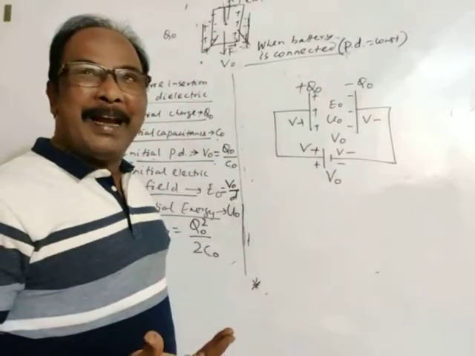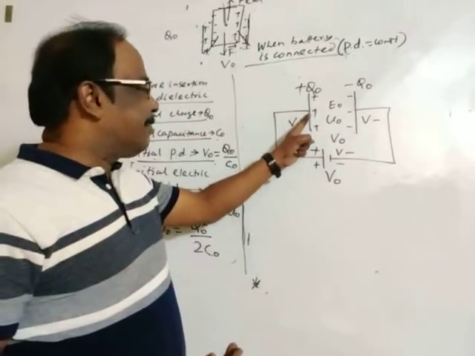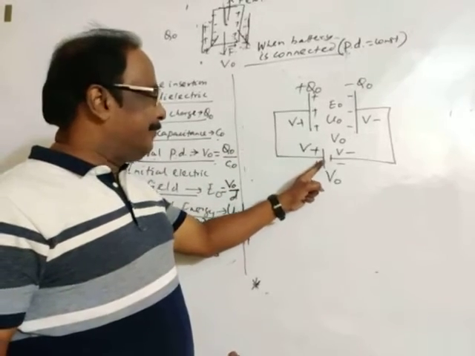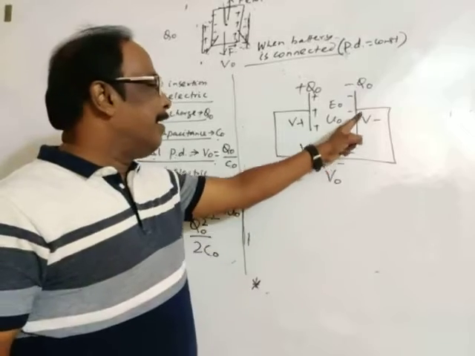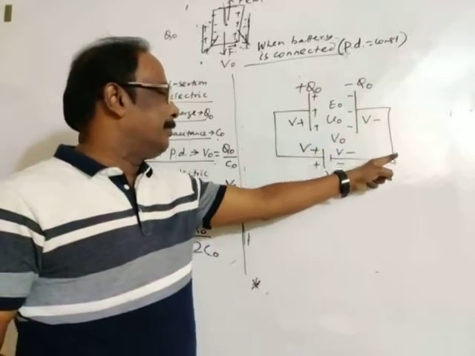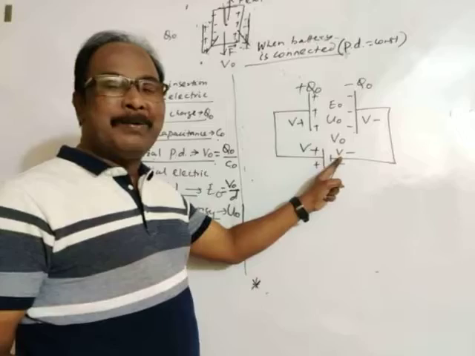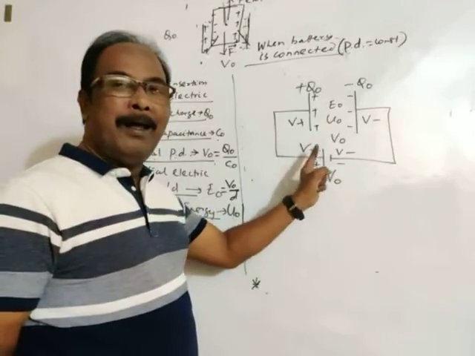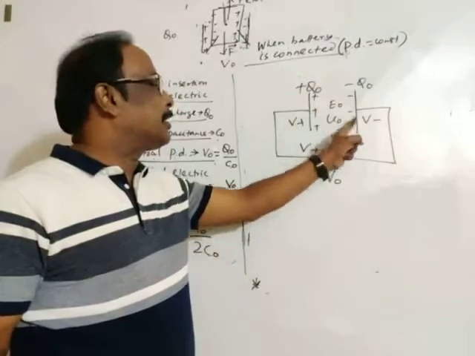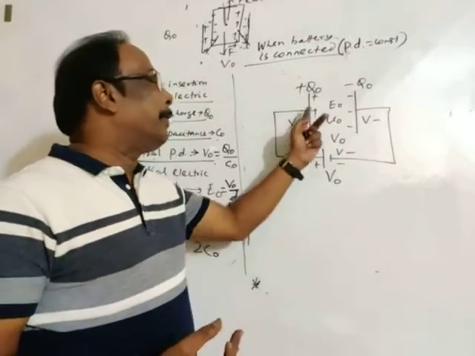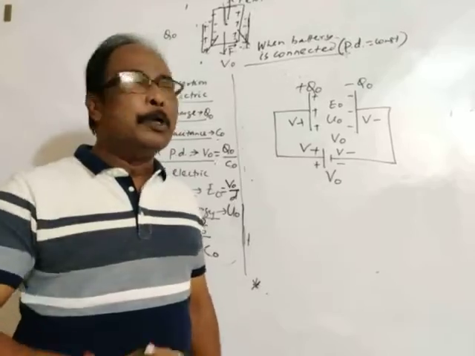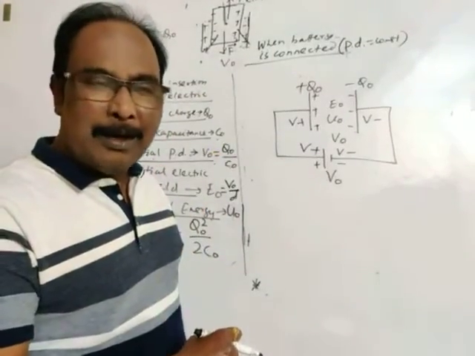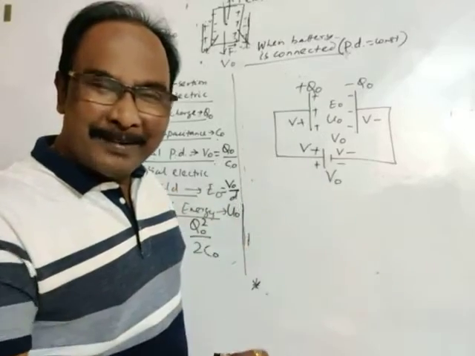So long as the battery is connected, the potential of this plate will remain the same as the potential of the positive terminal, and the potential of the second plate will always be equal to the potential of the negative terminal. So the potential difference between high and low potential is V naught, and the same potential difference will be between the plates of the parallel plate capacitor.